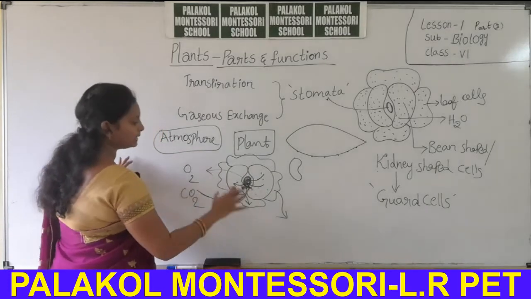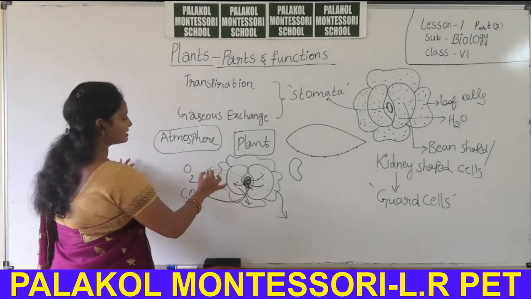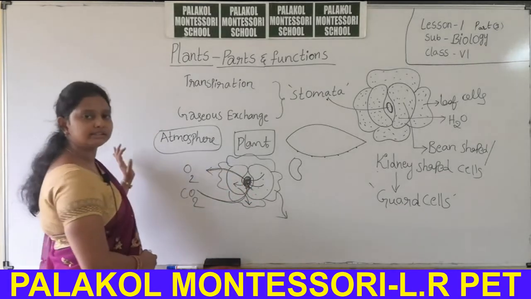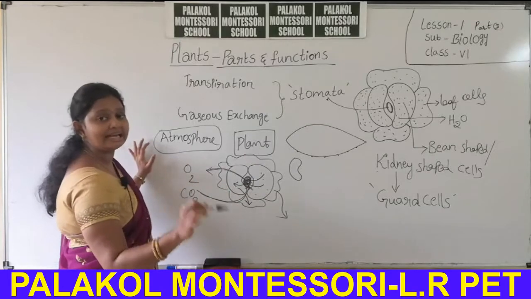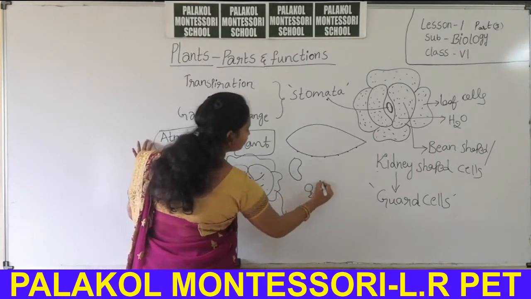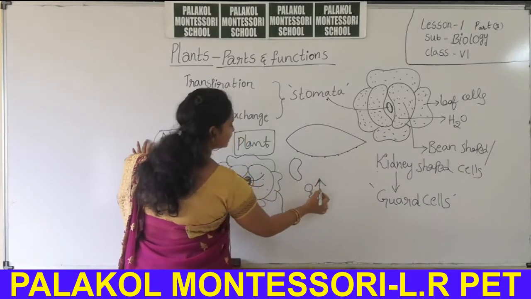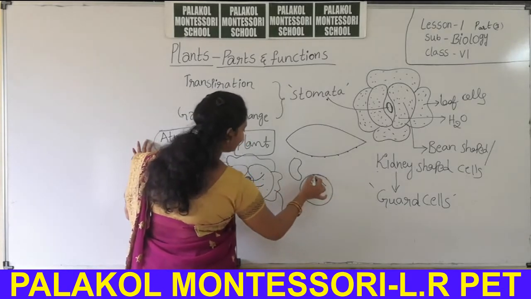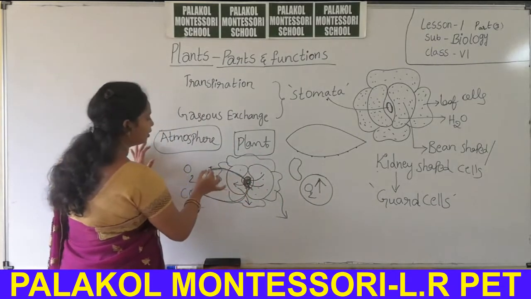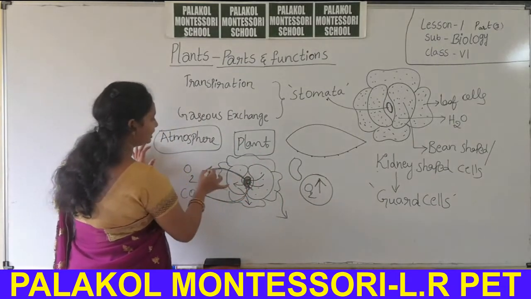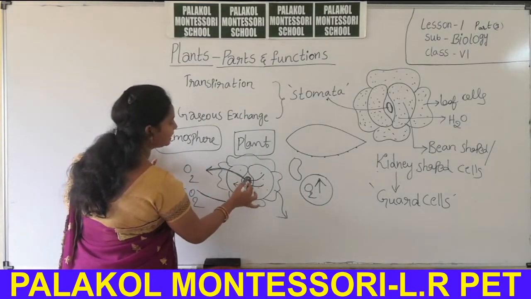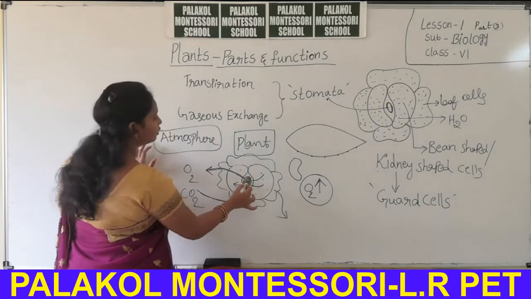Now, after completion of photosynthesis, what is the end product? That is glucose or starch. But at the end of photosynthesis, oxygen gas is released. Through which region does this oxygen escape from the plant body? That is also the stomatal opening.